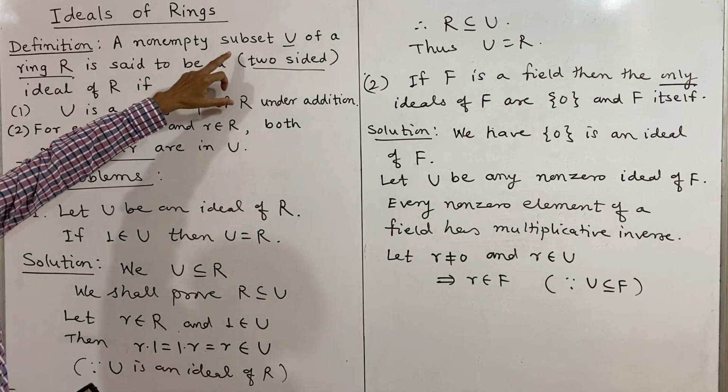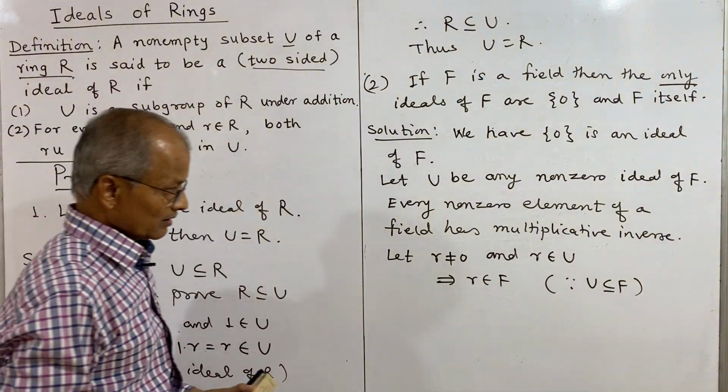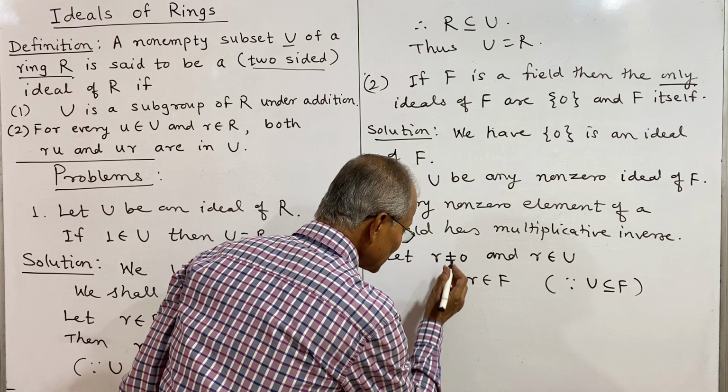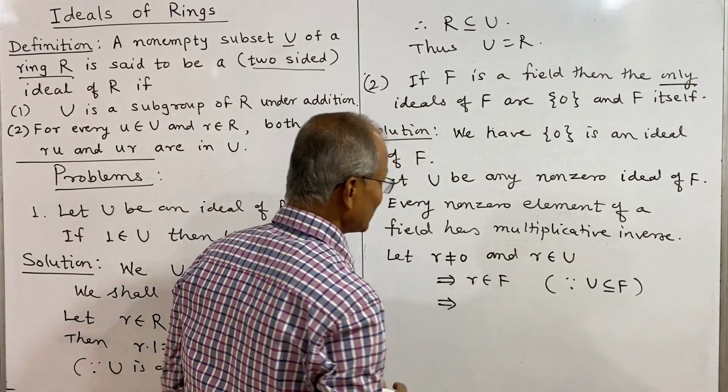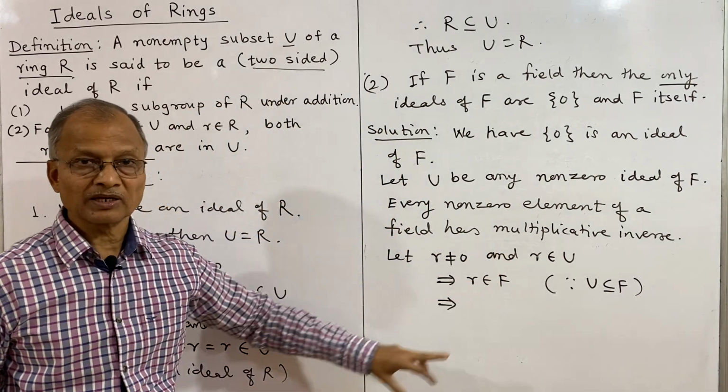See, U is a subset of R, and r belongs to F, r is non-zero, and F is a field, therefore this r has a multiplicative inverse.